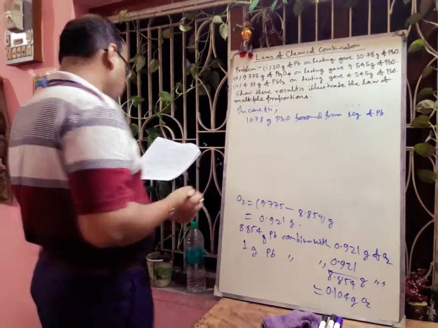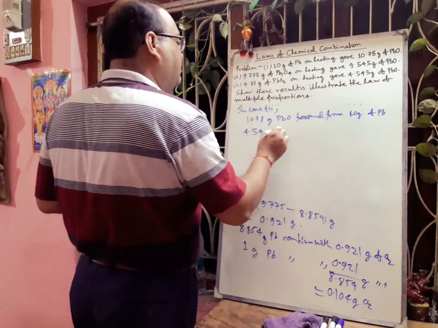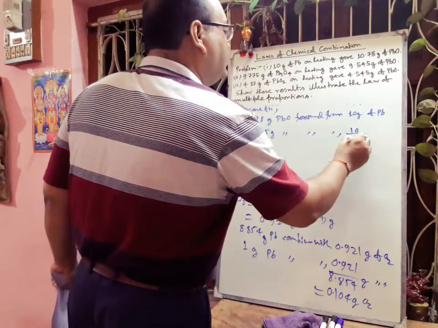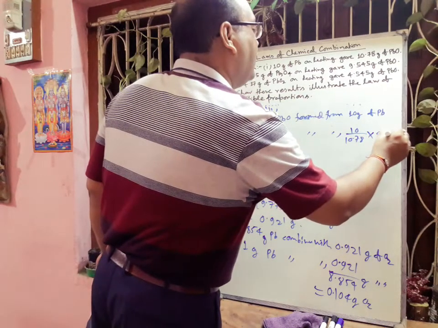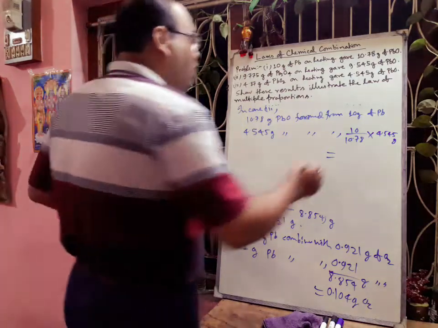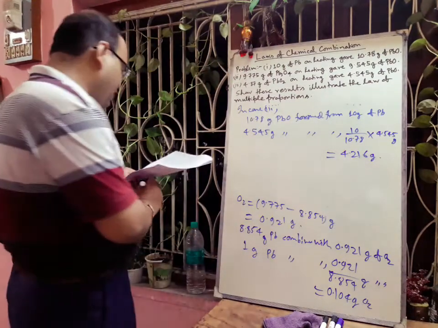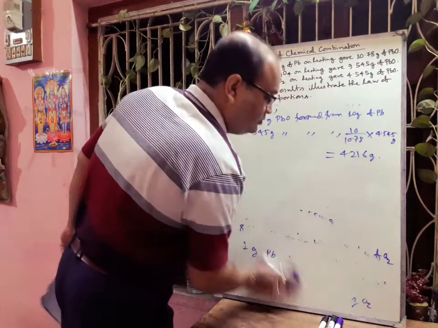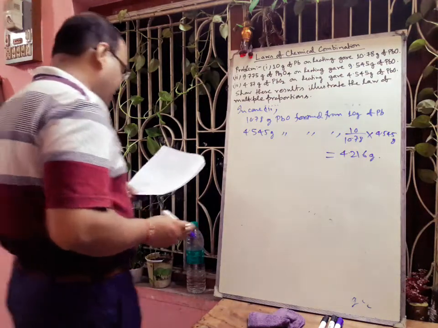So 4.545 gram PbO is formed from 10 by 10.78 into 4.545 gram of lead. If we calculate, then we will get the value 4.216 gram. Then again we have to calculate the amount of oxygen in 4.87 gram PbO2.